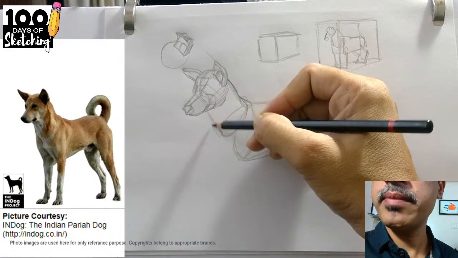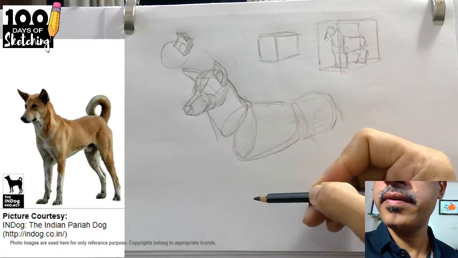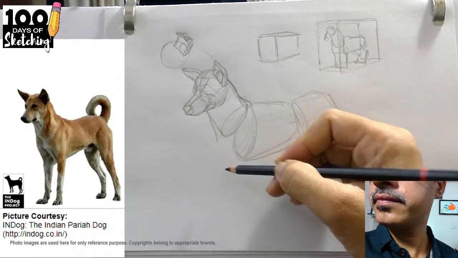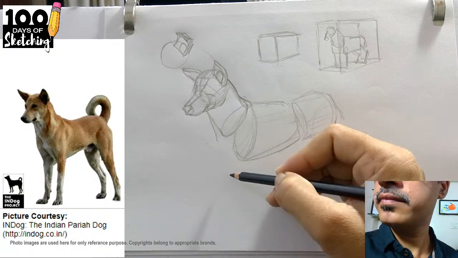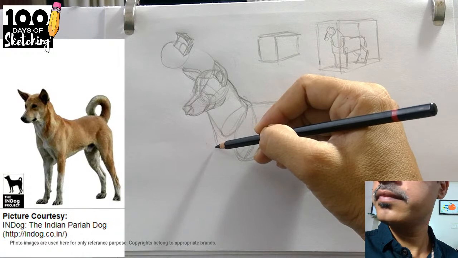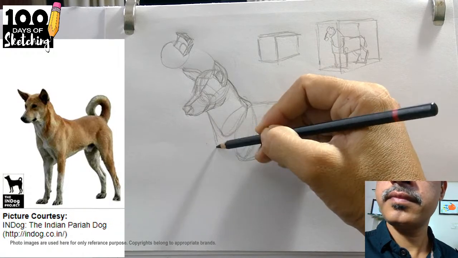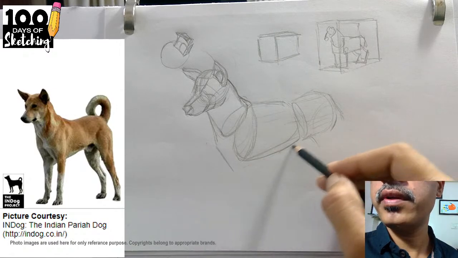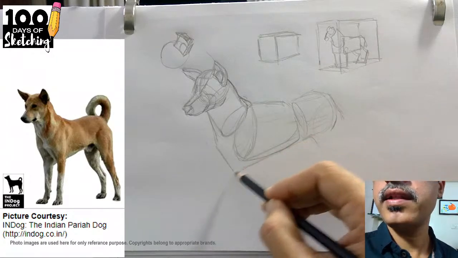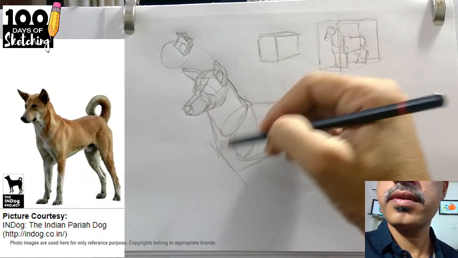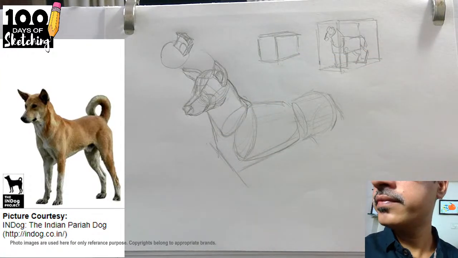I guess it can be more straight. And whatever line comes at this angle, you can cross each other.